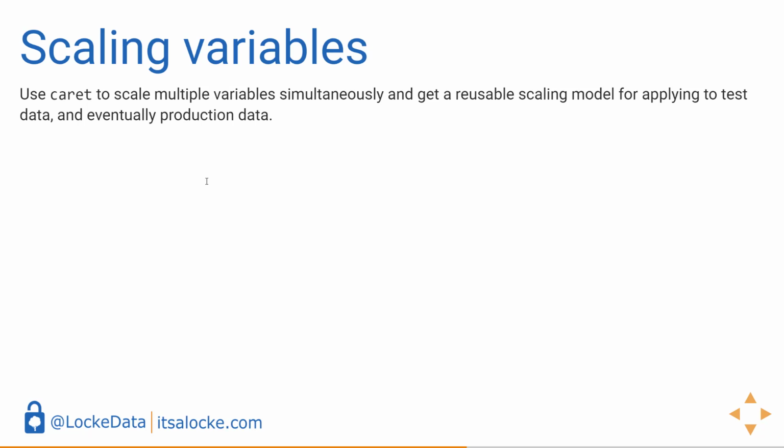So Caret comes to the rescue. Caret allows us to not only process a whole set of variables at once and perform the scaling on each column independently, instead of us having to code them all, but it also stores the values for use later.